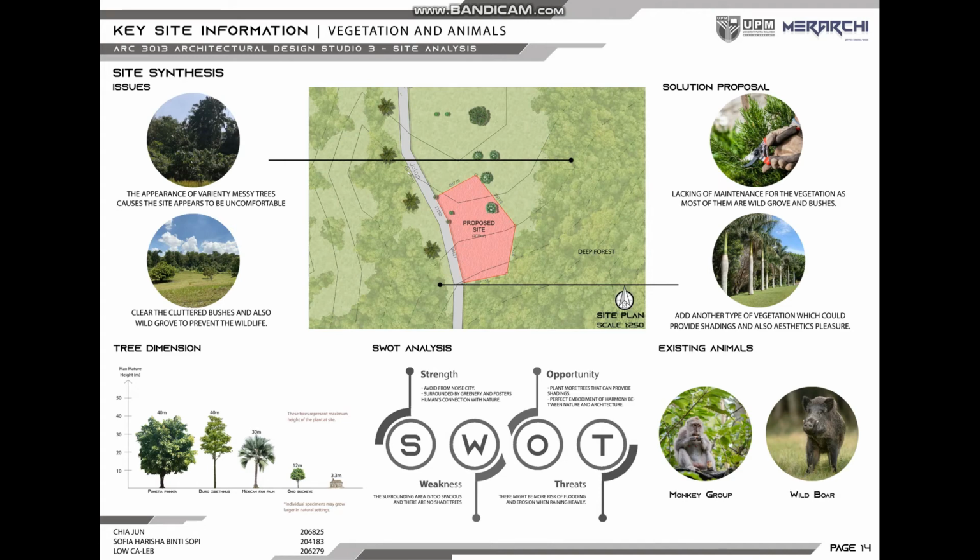For vegetation site synthesis, the messy trees cause the site to be uncomfortable. The solution is to clear the cluttered bushes to prevent wildlife. For the existing animals, a monkey group and wild boar sometimes appear from the jungle.